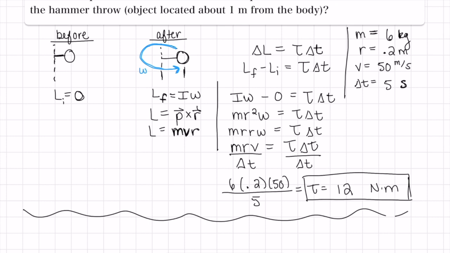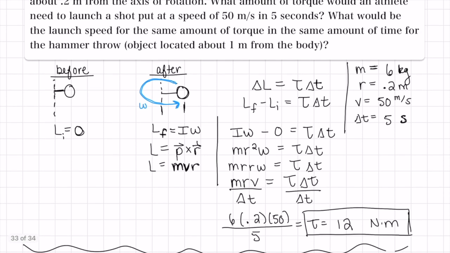Okay, I realized I made a calculator error in the first part of the problem, so I've corrected that now. Our answer for torque should be 12 newtons times meters, and now we can go ahead to part 2.